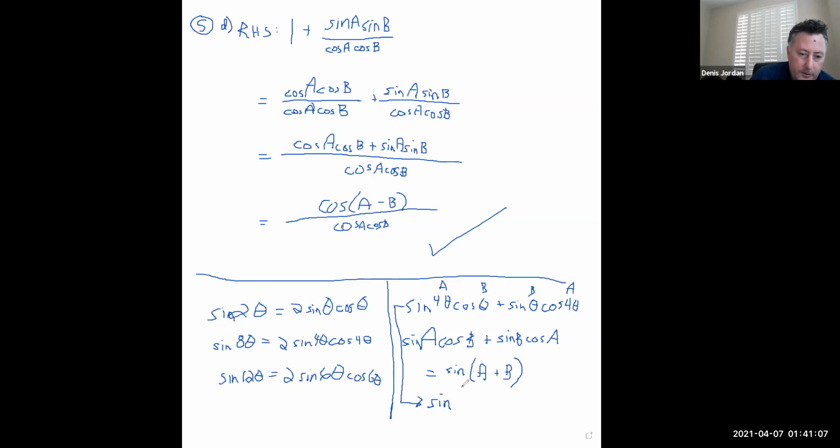You're taking your two angles and adding them together: sine of 4 theta plus theta. And with this one, you can simplify it and just add the like terms, so that would be sine of 5 theta.